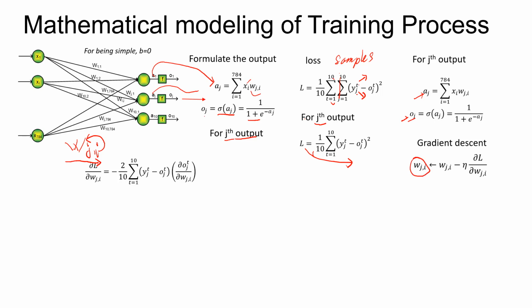And how can we change the parameters? We already discussed this in the previous class. We go in the opposite direction of the gradient, and this is gradient descent. So we update by minus the gradient times the learning rate, or the percentage of the update.